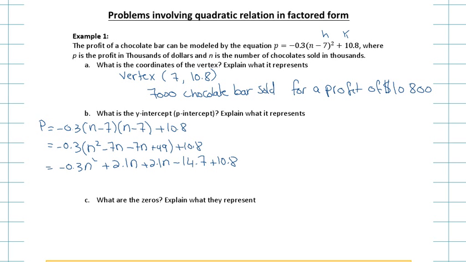My last step is to collect like terms. I can collect the two middle terms, which gives plus 4.2n, and then negative 3.9.